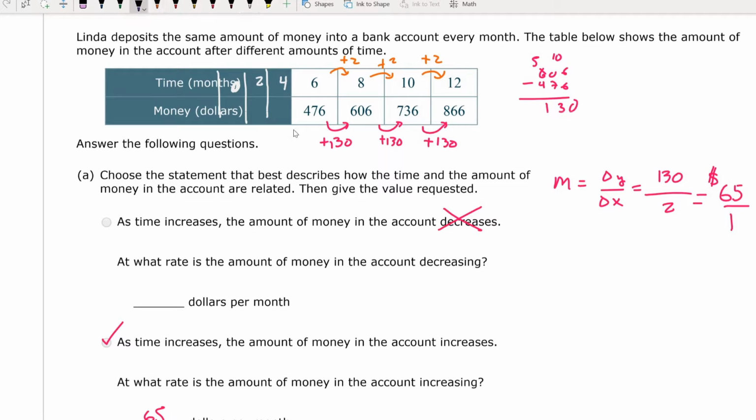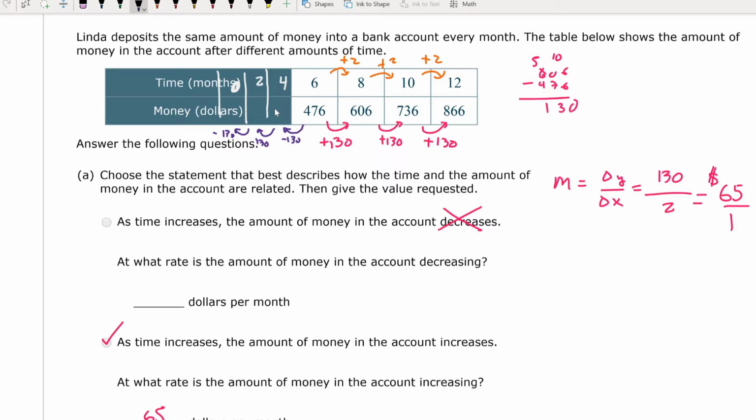So what we're going to do is, since we backtrack, we go back. Instead of increasing 130, we're going to decrease 130 every single time. 476, subtract 130.